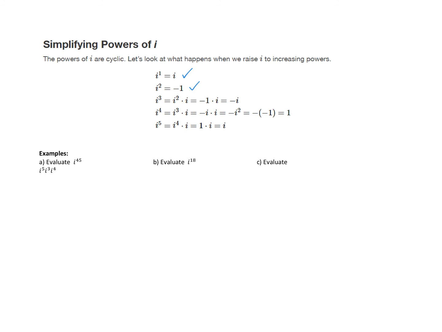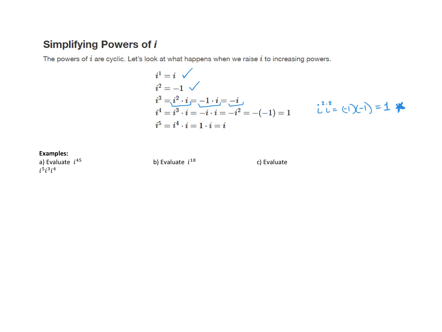But if we have a power of i that's higher, like i cubed, we can of course think of it as i squared times another i, which in this case is negative 1 times i, or negative i. i to the fourth we could think of as i squared times i squared, which is -1 times -1, or just 1. We really like this fact, and we'll use that in just a moment.